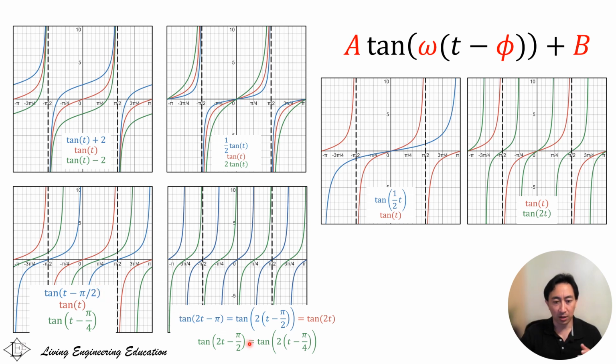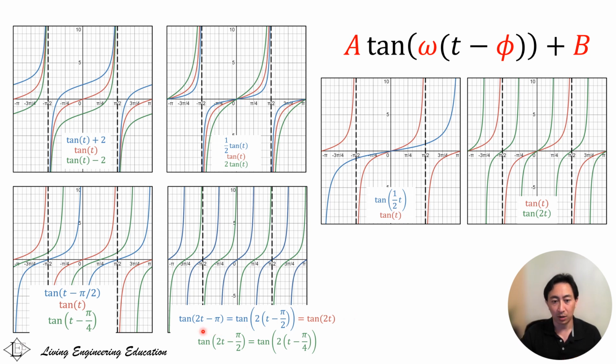And then here we looked at setting tan 2t as my baseline and looking at the effects of phase shift here. So the interesting thing is, again, you can stack these graphs. So tangent of 2t is the same thing as tangent of 2t minus pi with an omega value of 2, just like as we showed in this graph here. We cut our period in half, right?